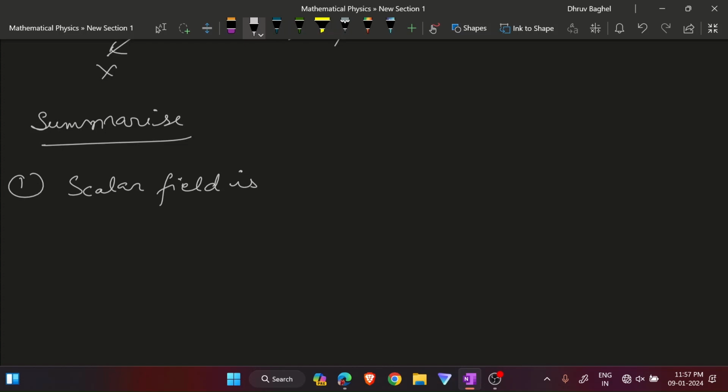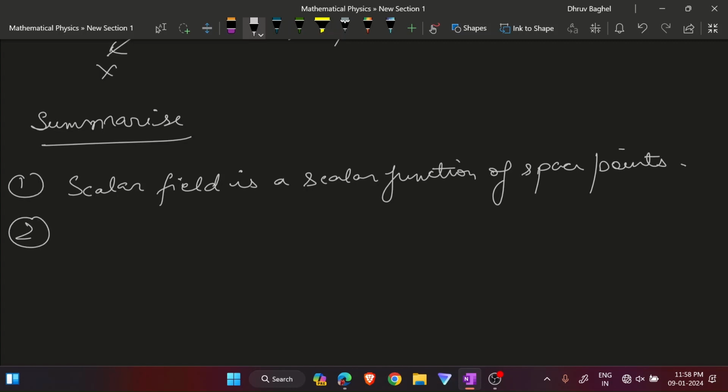So in summary, a scalar field is a scalar function of space points. A vector field is a vector function.